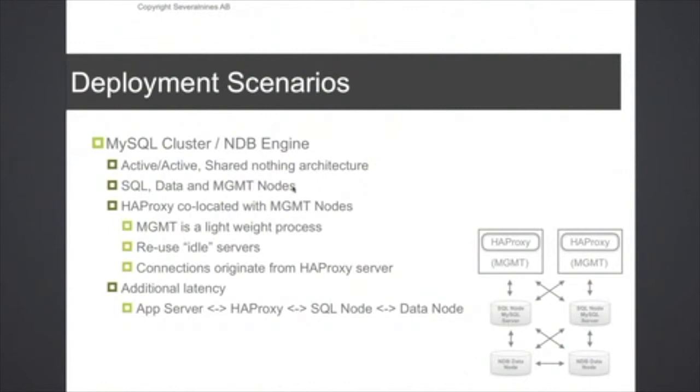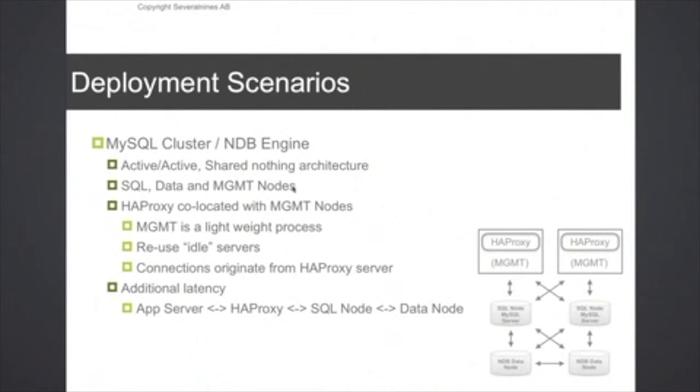Right, so let's continue with some deployment scenarios using HAProxy with different MySQL cluster types. There was no one on MySQL Cluster, the NDB engine, in the poll, right? But MySQL Cluster is an active shared-nothing architecture. So all nodes that you deploy with MySQL Cluster, the NDB cluster engine, are active.